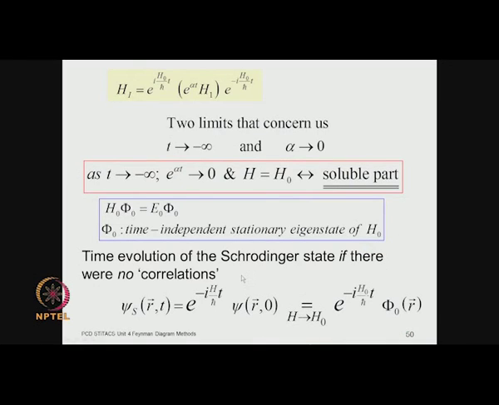In the interaction picture you have got the full Hamiltonian over here, but this full Hamiltonian in the limit t going to minus infinity is H0. So, you have got e to the minus i H0. So, instead of this H you can write H0 over here.